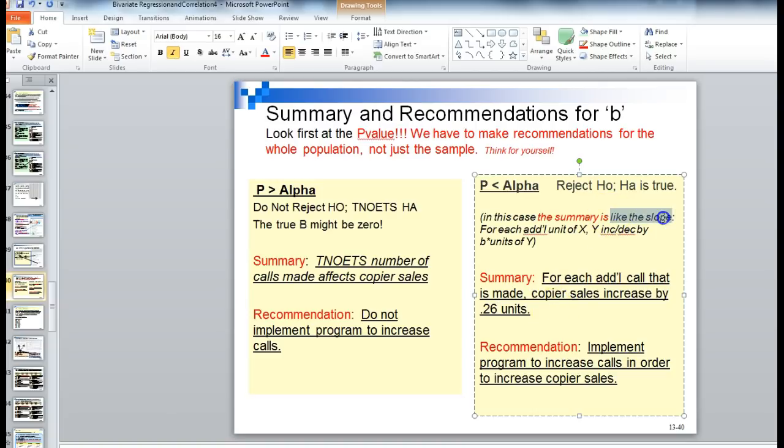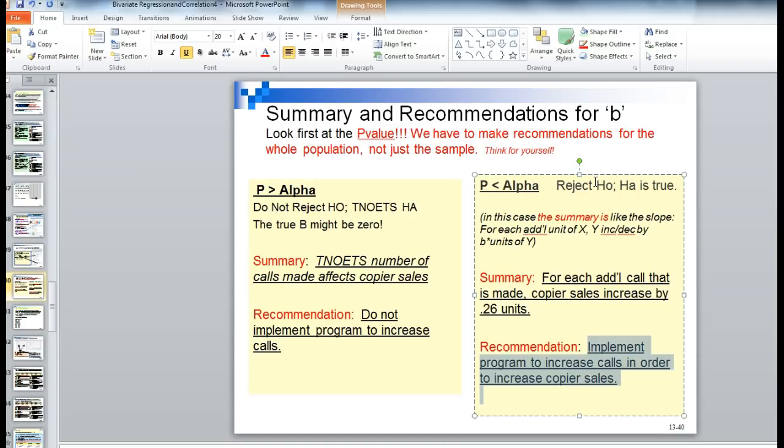The summary is just like the slope. For each additional unit of X, Y increases or decreases by beta times the units of Y. For each additional call made, copier sales increase by 0.26 units. Recommendations: do implement a program to increase calls in order to increase copier sales.